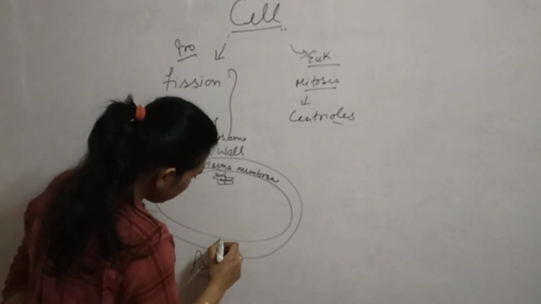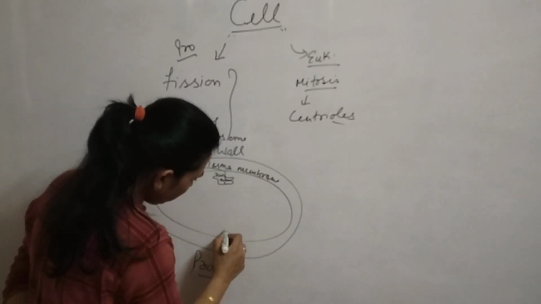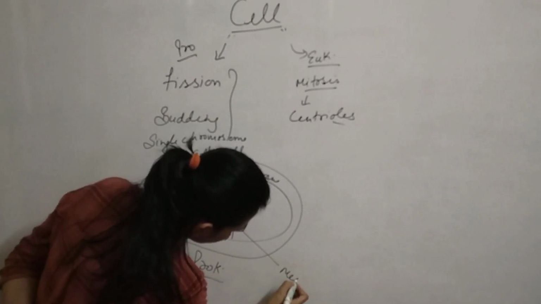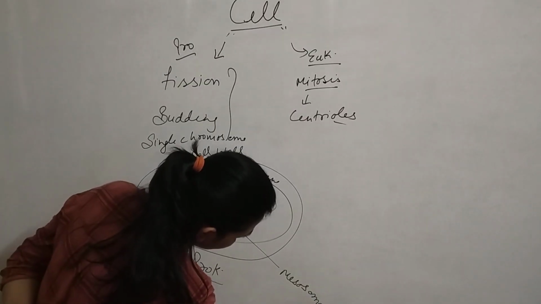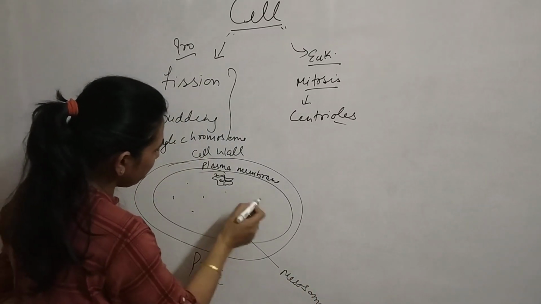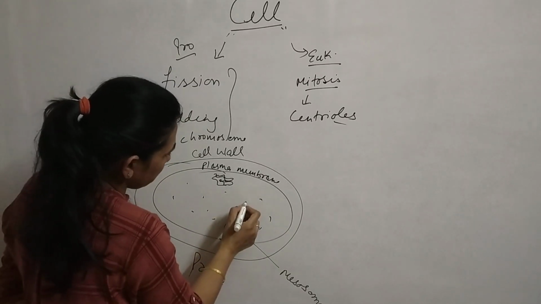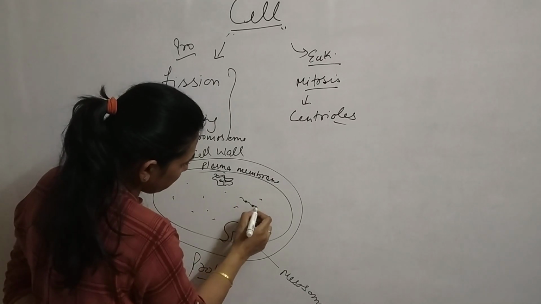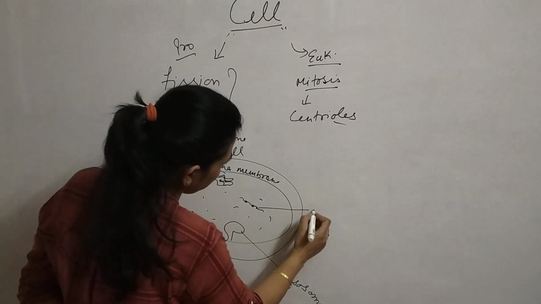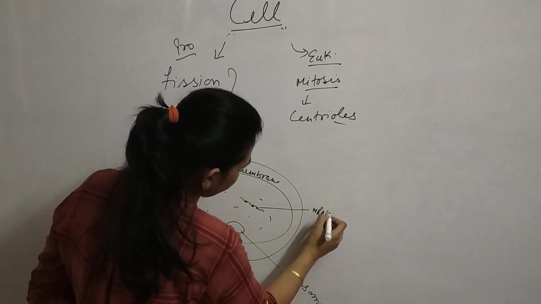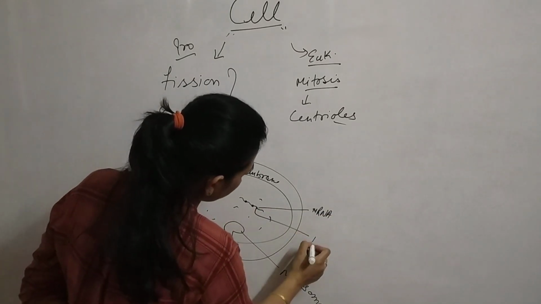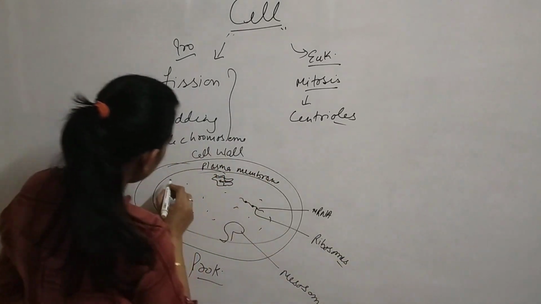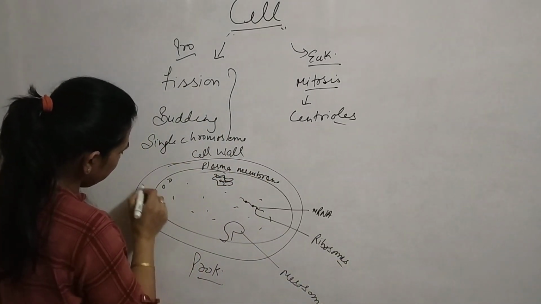And this plasma membrane folds inside and forms a structure which we call mesosomes. This is the cytoplasm and these are ribosomes, and there are small vesicles.